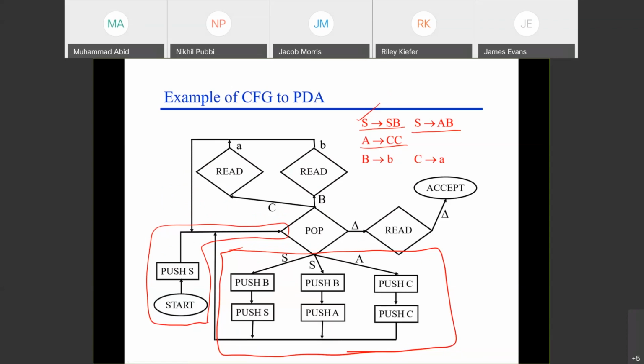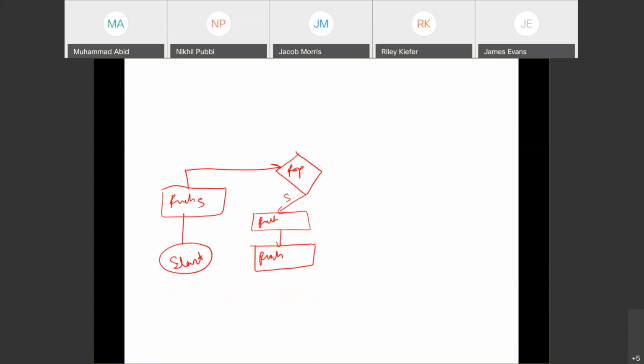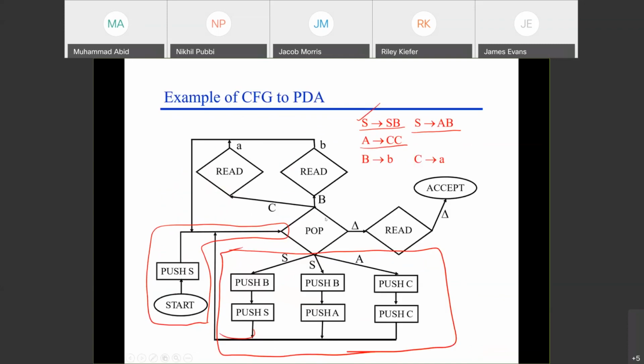And how will you do that? You first push S and then you push B, because this will go first and this will follow. Because of the stack data structure, we first push S and then we push B. So if you have S, then push S, push B. Now, for the second production rule, S can be replaced by AB.